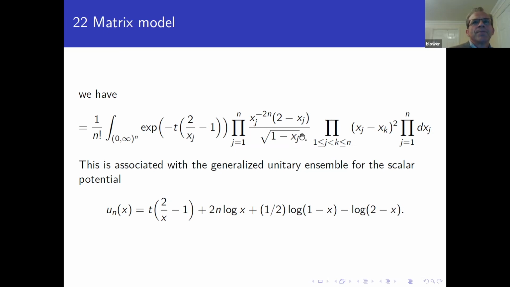And here there's an obvious van der Monde, xj minus xk, again squared. There's a factor in the middle that turns out not to have very much bearing on the outcome. And then at the front, we've got this expression, the exponential of minus t, and it's 2 over xj. And that's similar to what we had in the modified Laguerre weight.